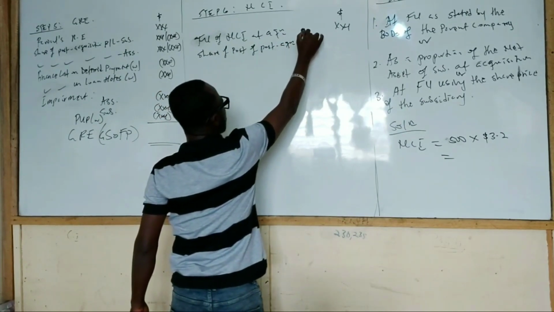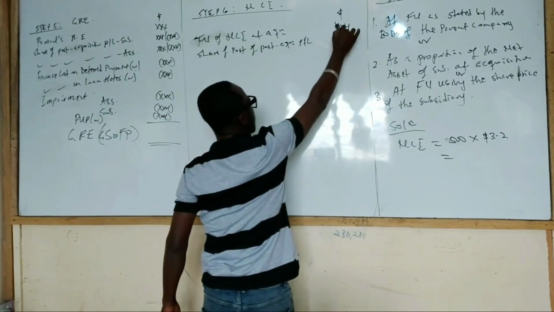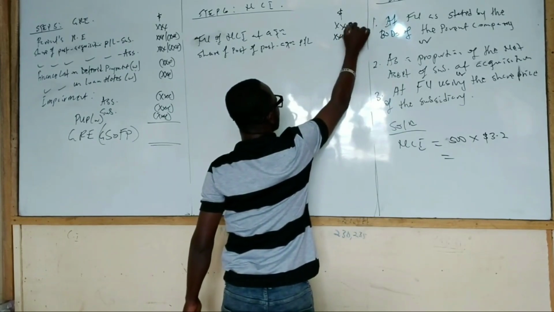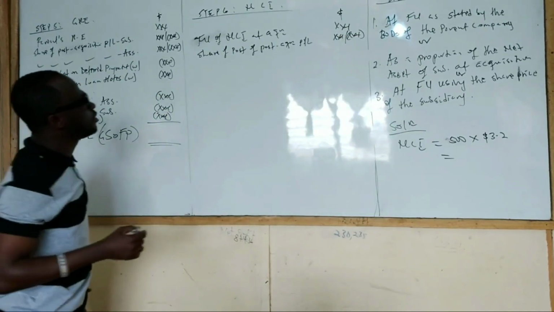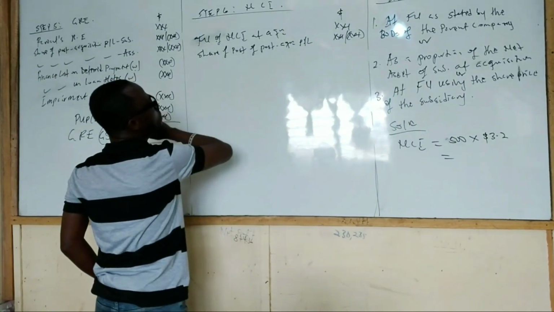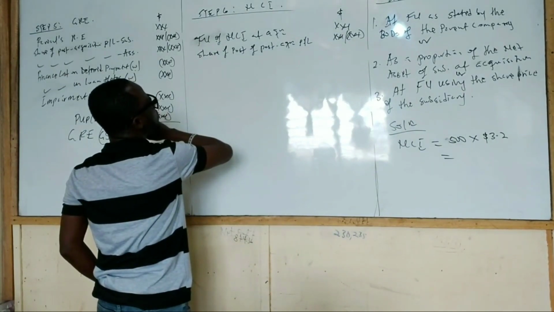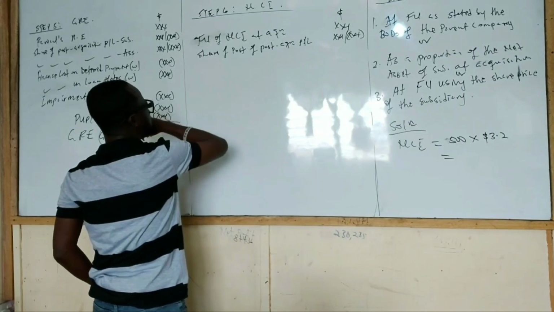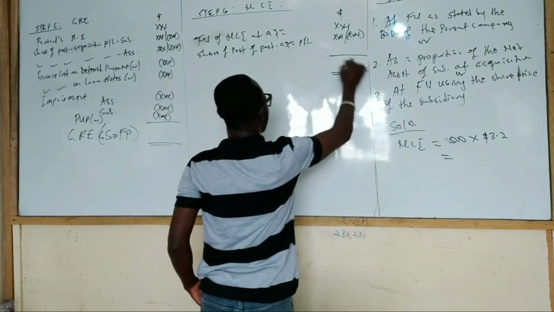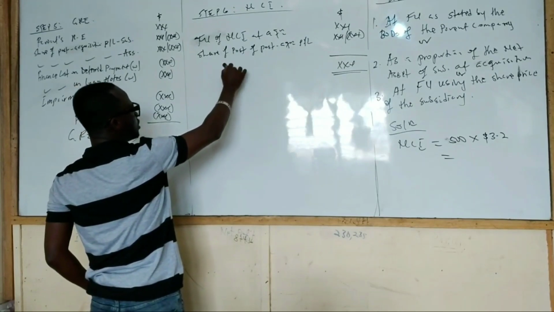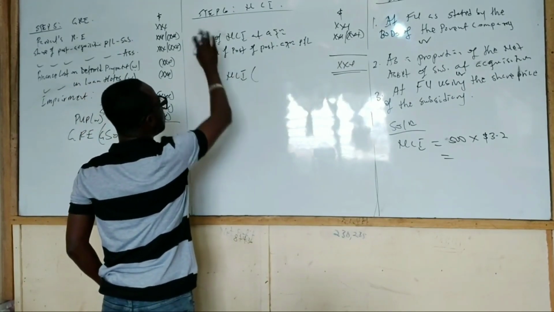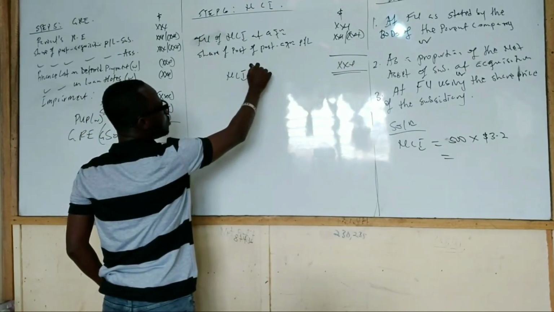If it's a profit you add, if it's a loss you subtract. Then you're going to bring, what else? Okay, maybe I can just end on this. I will add anything if we are solving a question. If something comes up, I'll just inject it. Normally for the statement of financial position, these are the two things we bring.